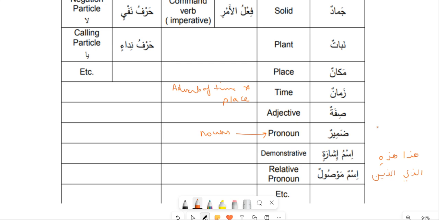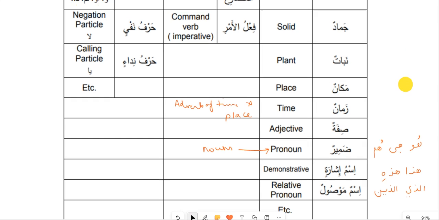And for ضمير, هو, هي, all these damirs are under the nouns, and we have a lot of things, mostly everything falls under the category of nouns.